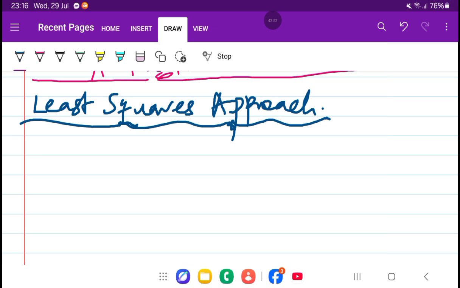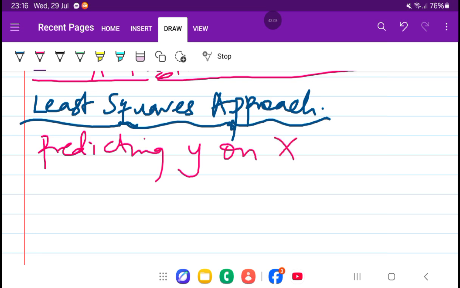So we want to look at two situations. First, predicting y on x. In other words, when you have the x value but you want to get the y value.